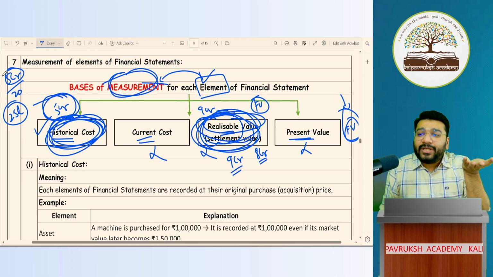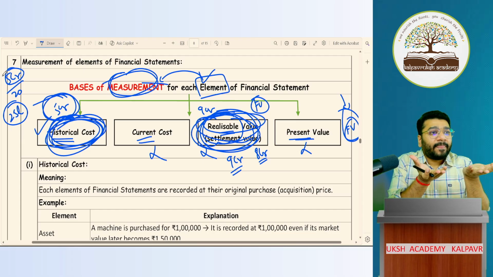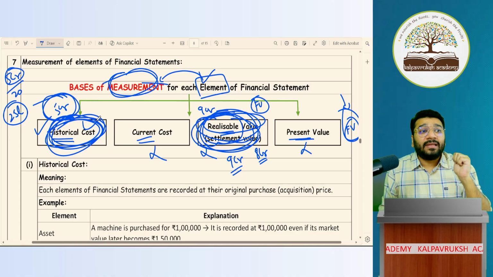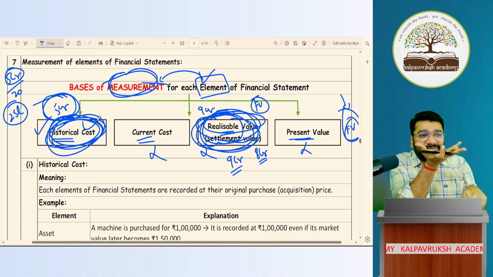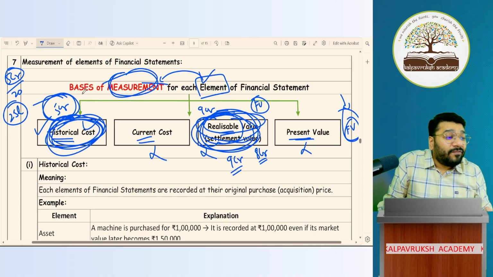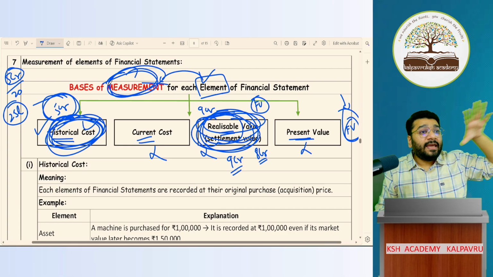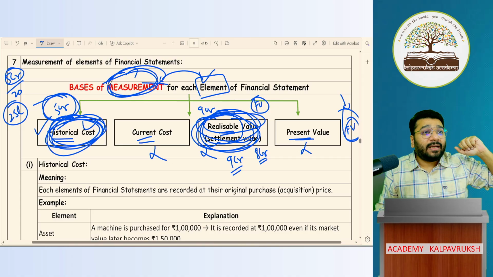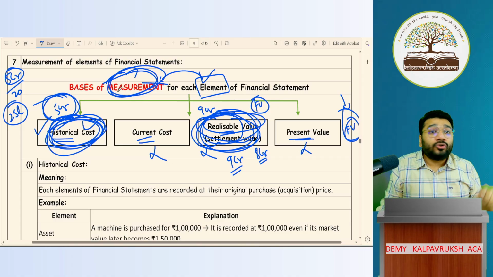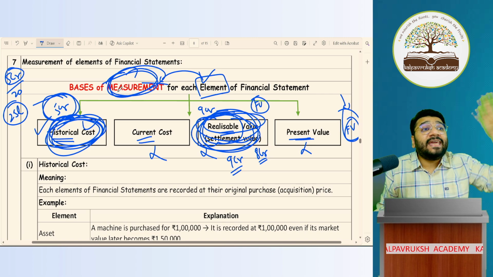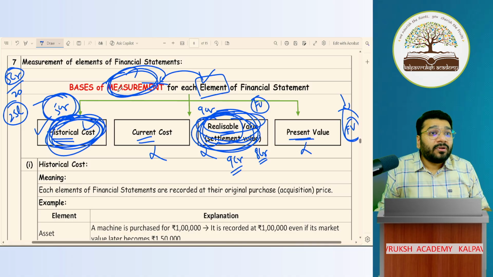So whether it is an appreciable asset or a depreciable asset, it will be recorded at historical cost. Who is saying this? AS 10. AS 10 has got this knowledge from the framework. The framework has said that when ASB is drafting an accounting standard, it has the flexibility to choose any of these 4 measurement methods for measuring each element of the financial statements. Got it, not got it?